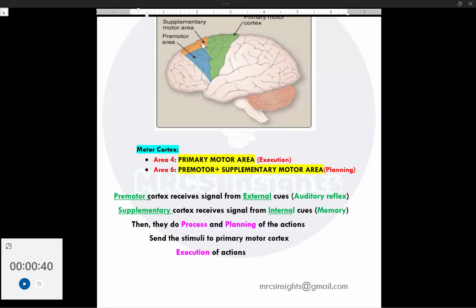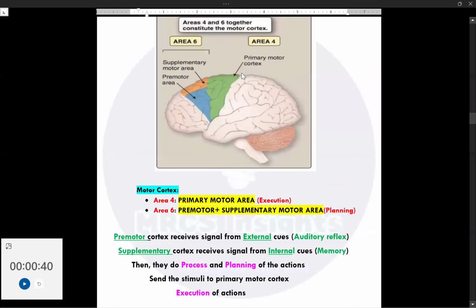And the supplementary area, this orange area, receives signals from the internal cues, which are from memory. After that, they do processing and planning of the actions. Then they send the stimuli to the primary motor cortex, and final execution of the action will occur. So in short, this is the main function of the motor cortex.